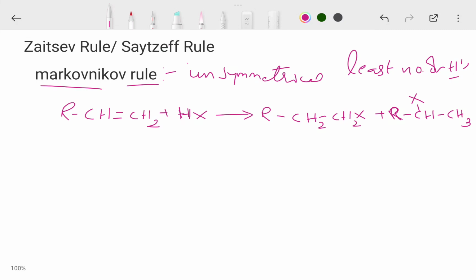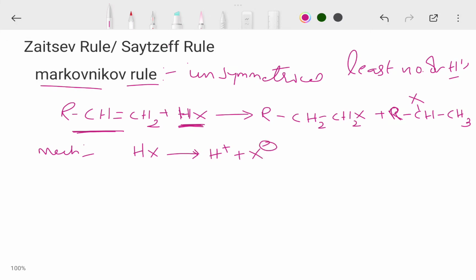According to Markovnikov rule, an unsymmetrical alkene reacts with a reagent. For example, you can observe the mechanism of this reaction. HX, an ionization of this HX will give H plus and X minus.